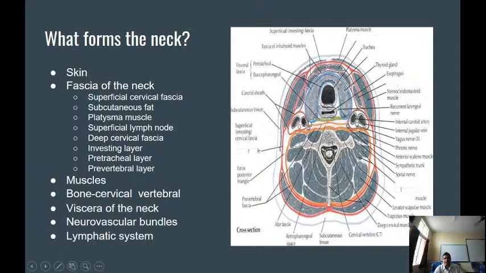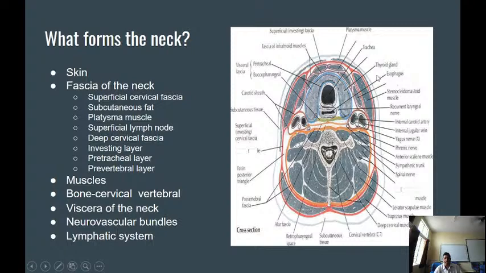Then you have the neurovascular bundle, that's the carotid sheath with the common carotid and the jugular vein and the vagus nerve, and then you have the vertebra, and there is a space, the prevertebral space, and the retropharyngeal space. Then you have the muscles which are supporting the spinal cord, the paraspinal muscles.